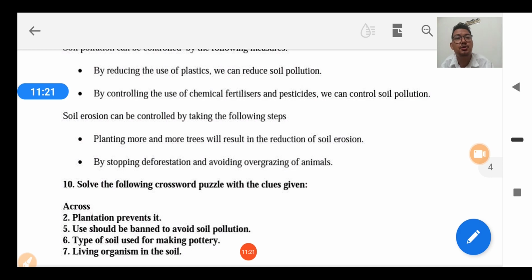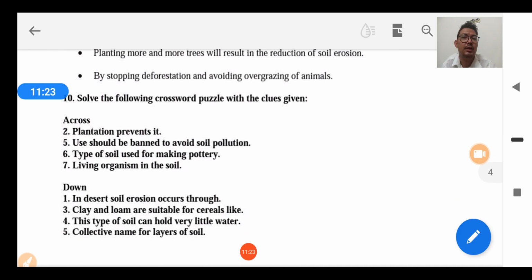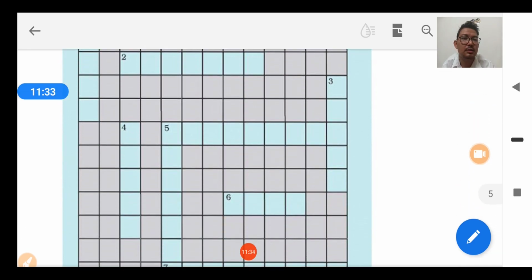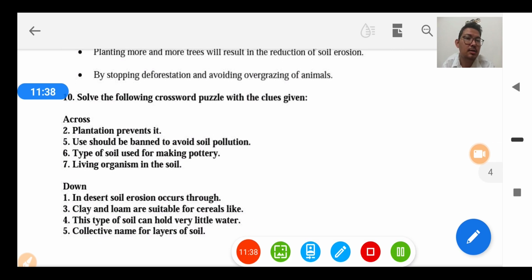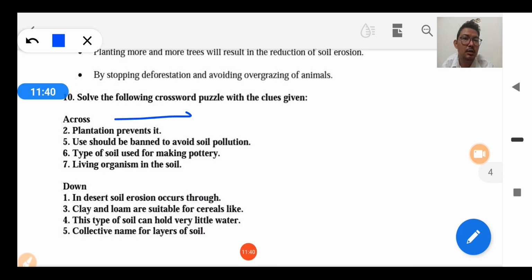Question number 10, we have to solve the following crossword puzzle with the clues given. Clue number 1, across. This is the crossword puzzle, and these are the spaces given in your NCERT exercise. We have to write what plantation prevents.